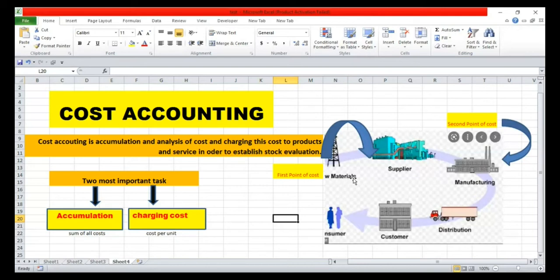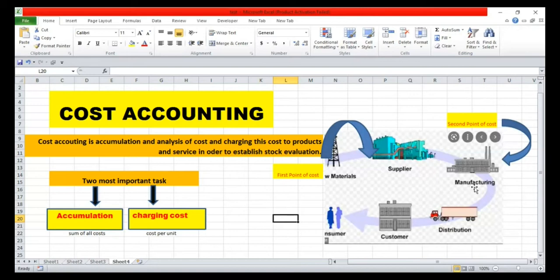Then when this material reached our manufacturing area, we hired people who converted that raw material into finished goods. Against their services we definitely pay them, and that paid amount is called cost of labor. This process continues until the finished goods reach our customer.